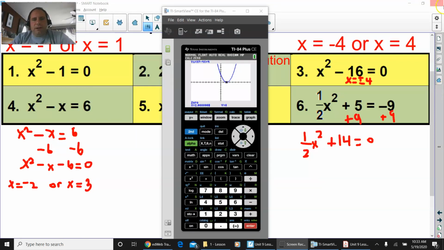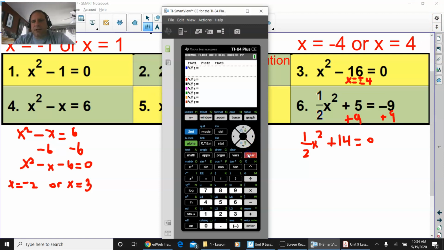So here we go. I'm going to clear this out. I added 9 to both sides, as you can tell. And I did get half x squared plus 14 equals 0, because 9 plus 5 is 14.